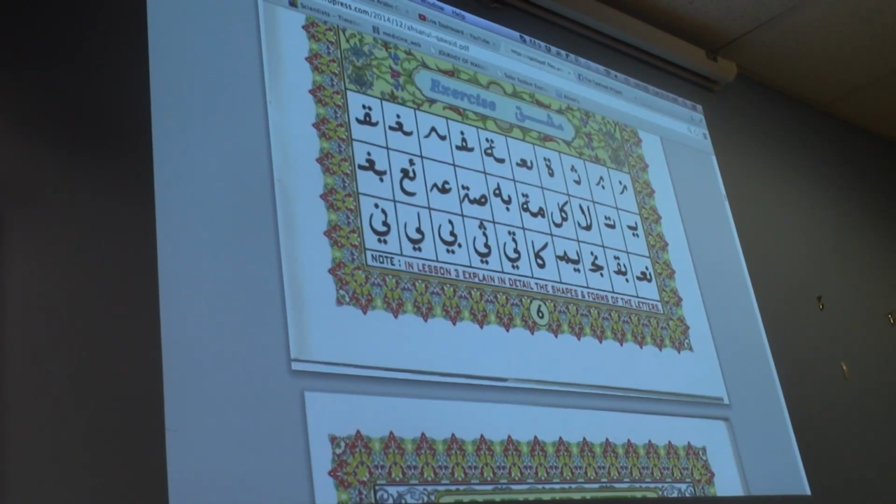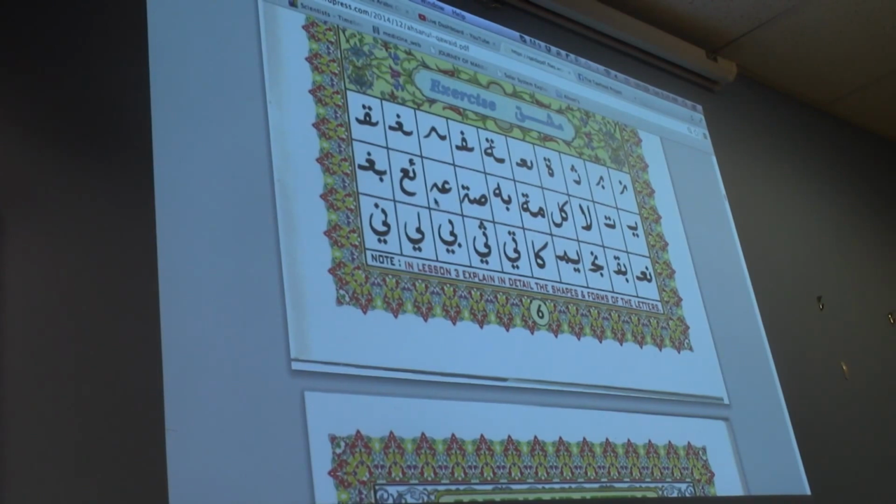This is the kaf. The kaf you can see here, kaf, and a lam right here. We have a meem and a ta marbuta, the closed ta. We have a ba and a ha. We have a sad and a ta marbuta, closed ta. We have an ayn and we have a ha.